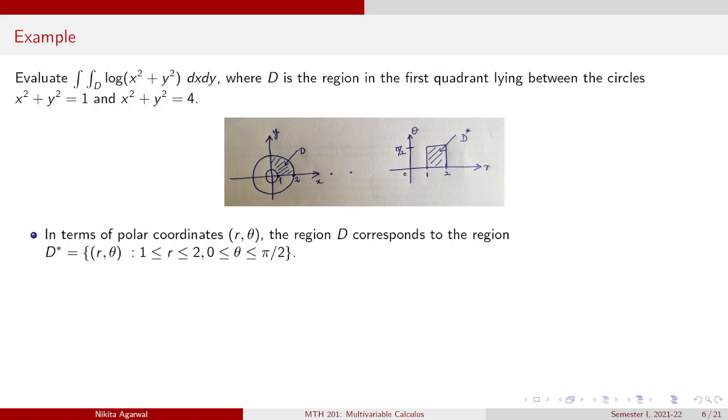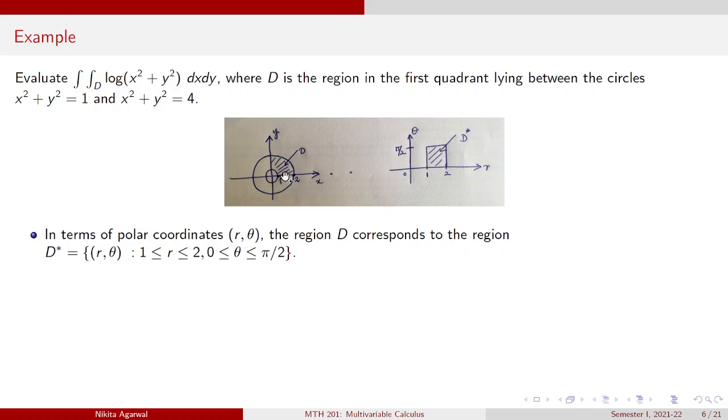So we want to convert it into polar coordinates. So in terms of polar coordinates, what is this region? Now r is the distance from the origin, right? So if you are in this shaded region, then your distance is from 1 to 2, right? Because you are within these circles, right? And what is theta?